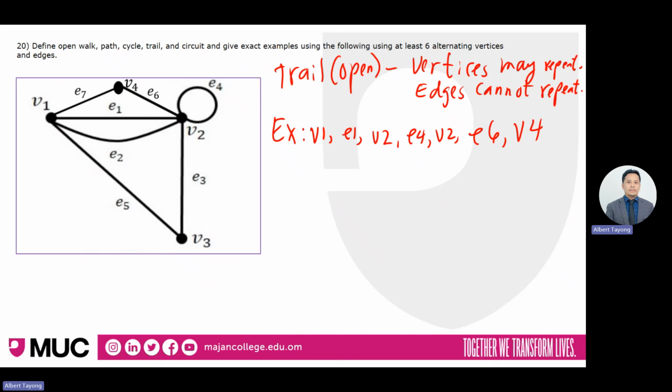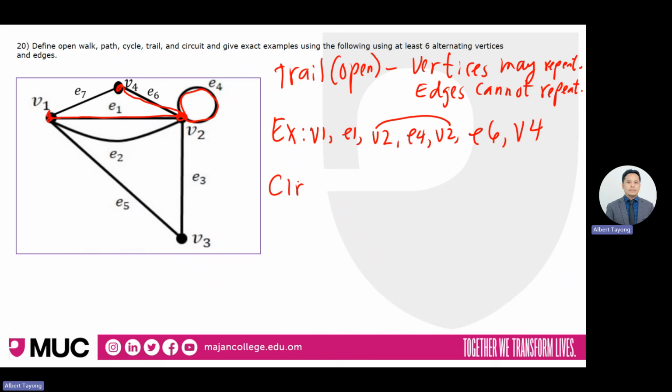This is a trail. I started from here, then E1, V2, then the loop, then V2 again. So I repeated V2, but I did not repeat any edge. Then E6, V4. So we have E1, E4, E6. Okay, so no edges repeated, but we repeated some of the vertices here.